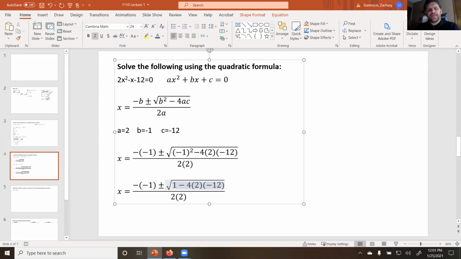And then I multiply. 4 times 2 is? -8. And -8 times -12 is? 96. Positive or negative? Positive. And then I just add those two terms together. Actually, I want to write out those steps for people taking notes.